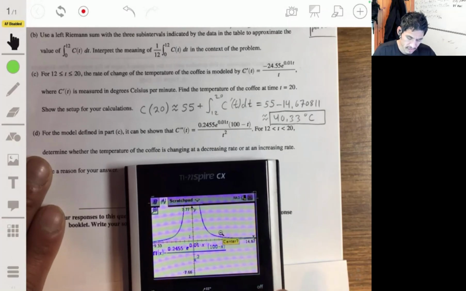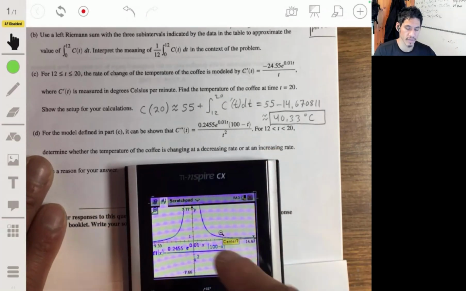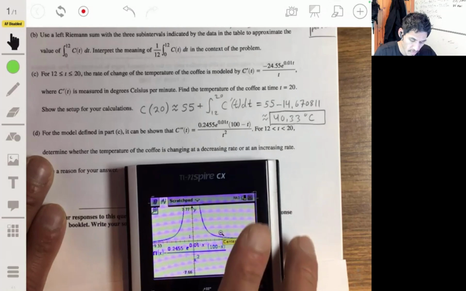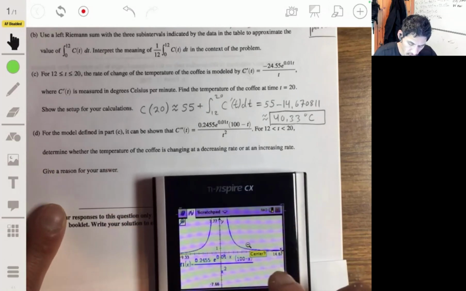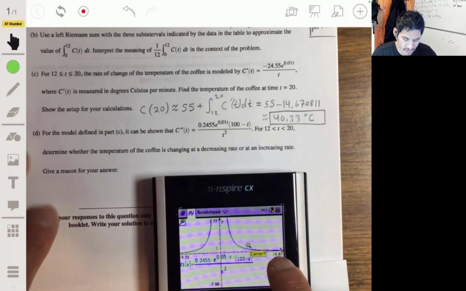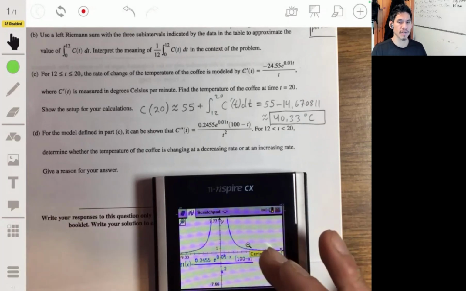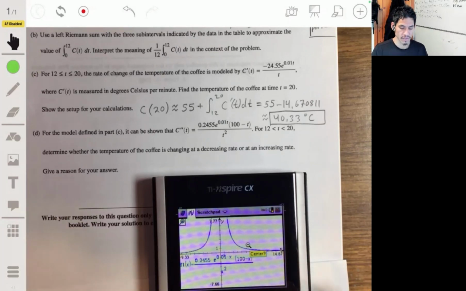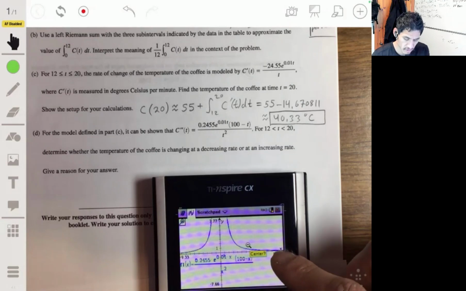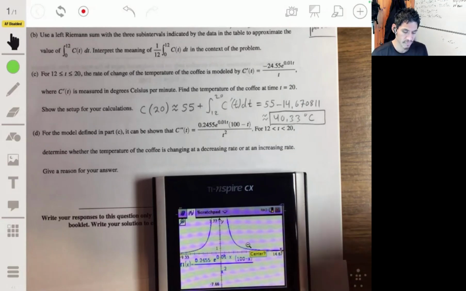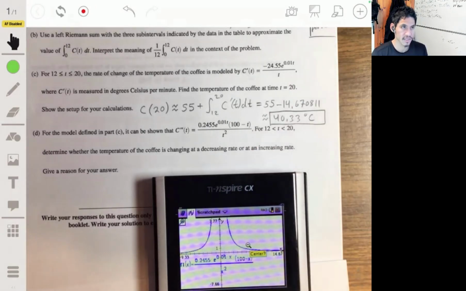But it's essentially decreasing, but it's concave up. As you can see, since the second derivative is positive, that means that the first derivative is going to be increasing, but it's just increasing very, very slowly.